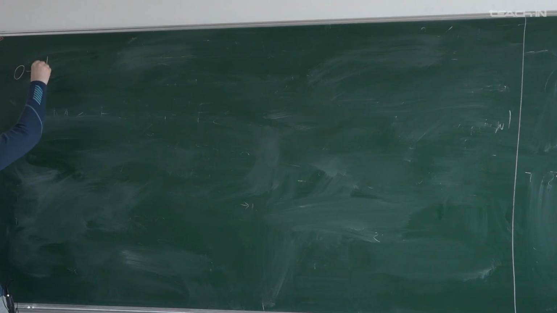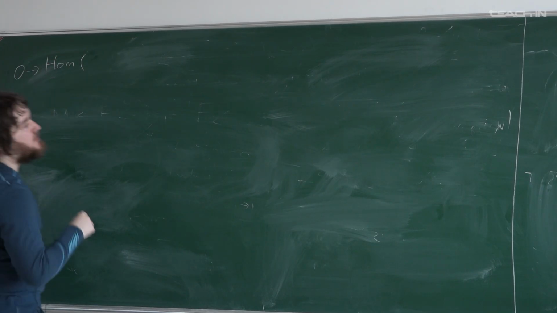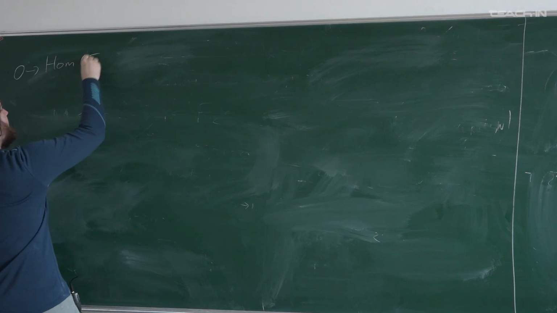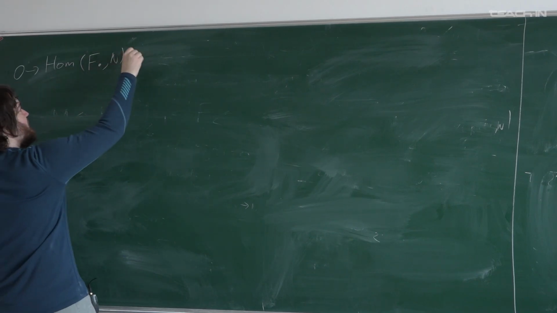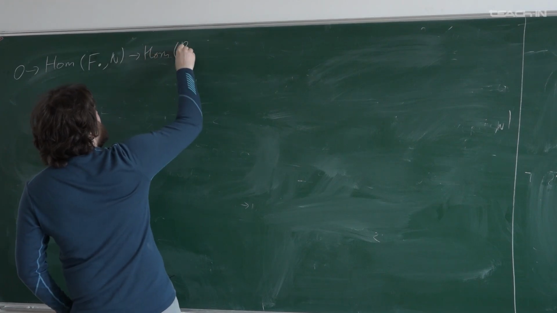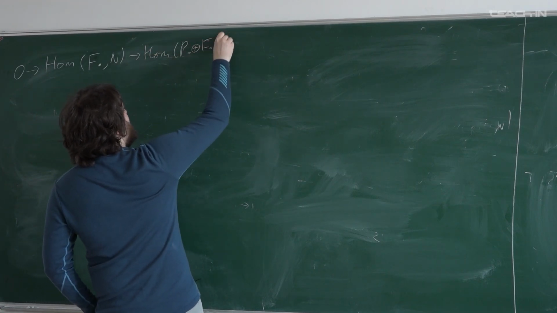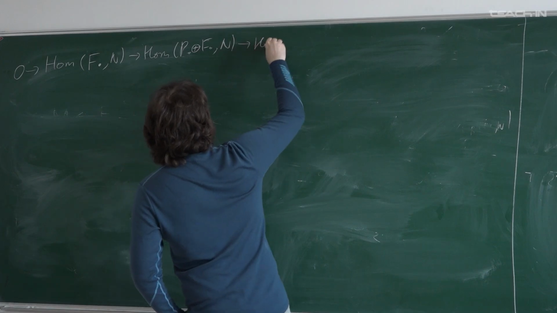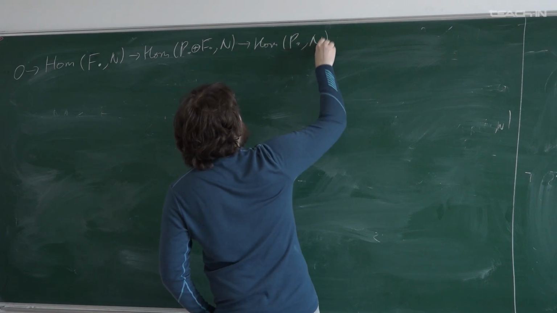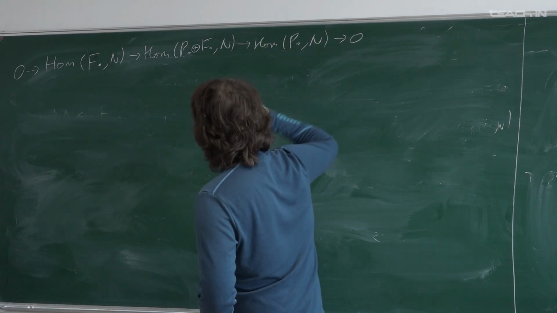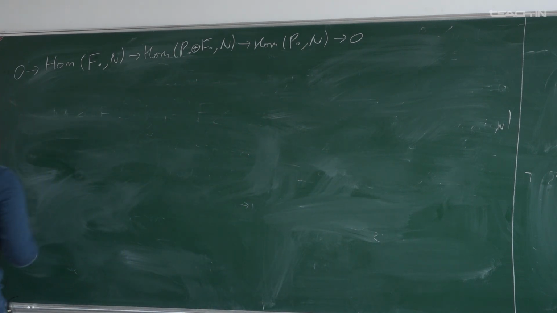So we obtain hom from F_n, hom F_n, hom P_n, and I calculate homologies and obtain a long exact sequence.